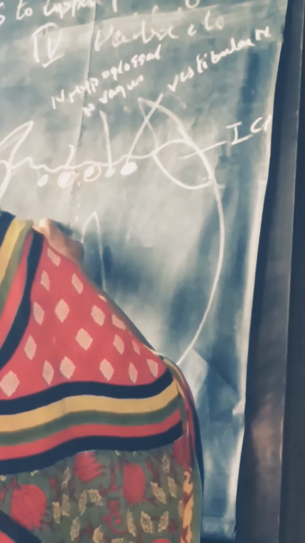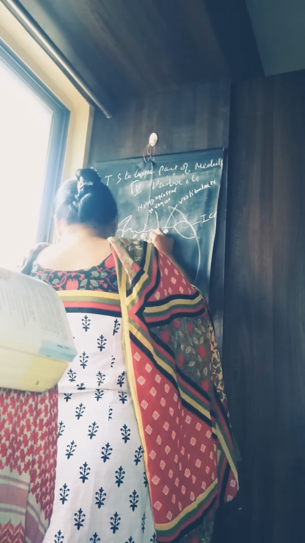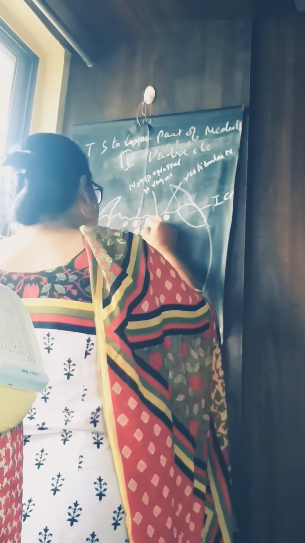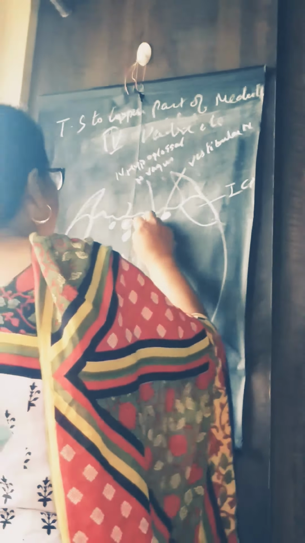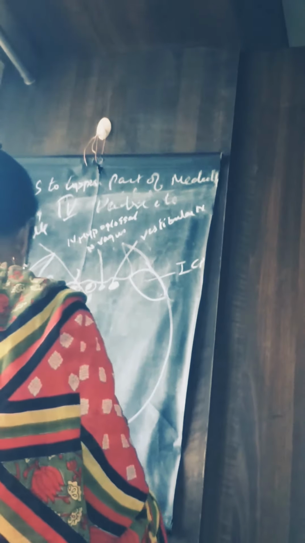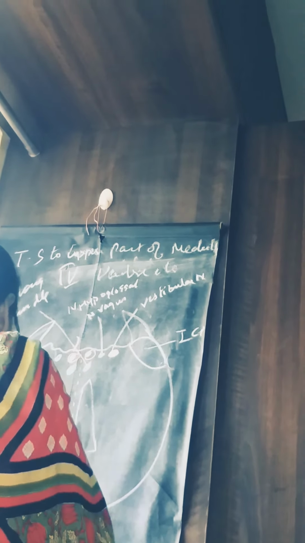Below the hypoglossal nucleus you have the medial longitudinal bundle. So this is the medial longitudinal bundle. Then the remaining is the same.